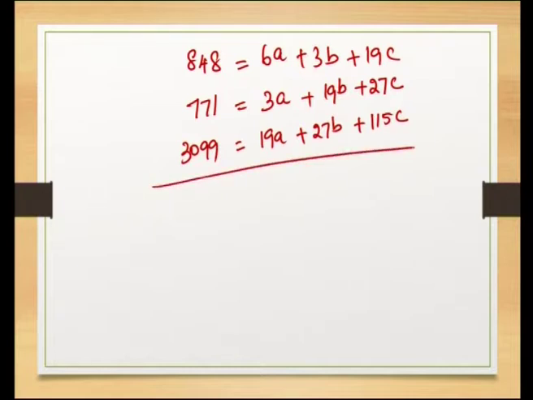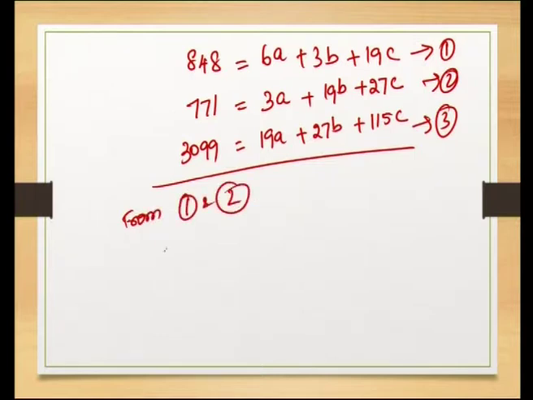Now, how to solve? These are equations 1, 2, then 3. From 1 and 2, multiplying equation 2 by 2 and then subtracting, we get 35b plus 35c is equal to 694. Okay.